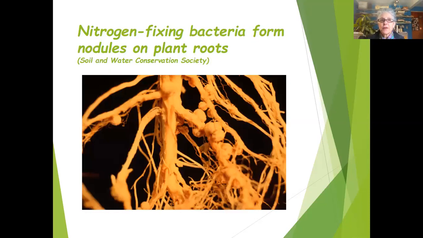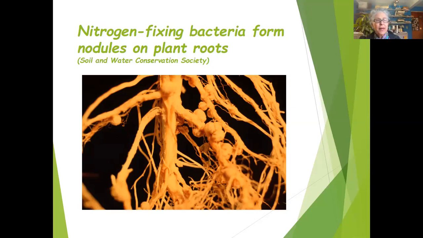Some kinds of bacteria are able to fix nitrogen from the atmosphere. But these bacteria have to live in a symbiotic relationship with roots of certain kinds of plants. Many of us know about leguminous plants such as peas, beans, clover, and many other types of plants that we think capture nitrogen from the atmosphere.